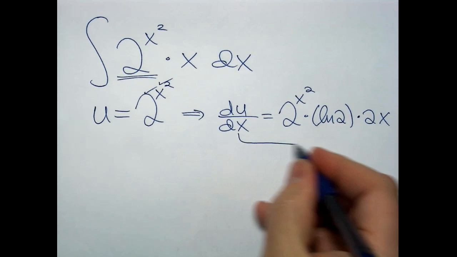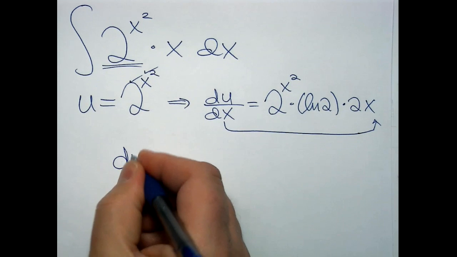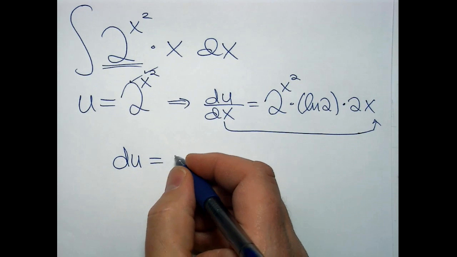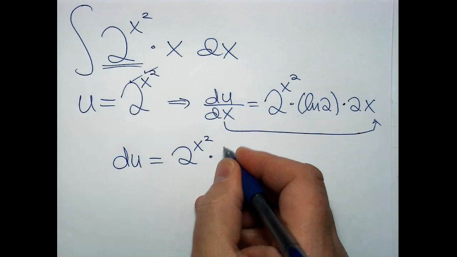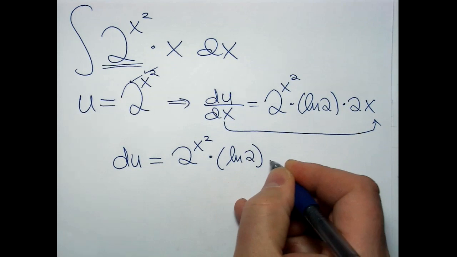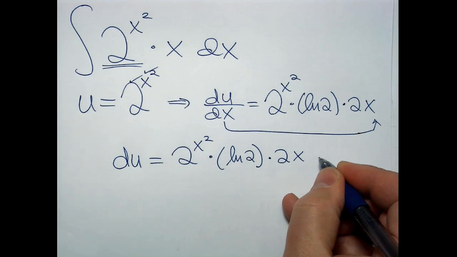Now if we move the dx to the other side, which we often do, watch what happens. du equals 2 to the x squared, the ln of 2, times 2x dx.